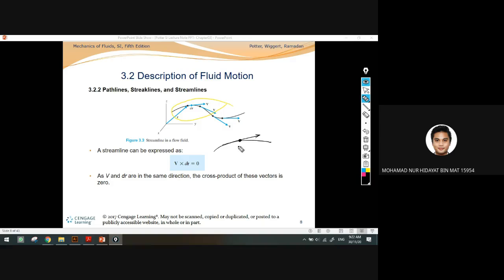Okay, sorry, the velocity will be tangential. This is the velocity vector direction. So this is V, and you can see the direction of V is in this direction. Then where is the dr? This is dr, the small change here.